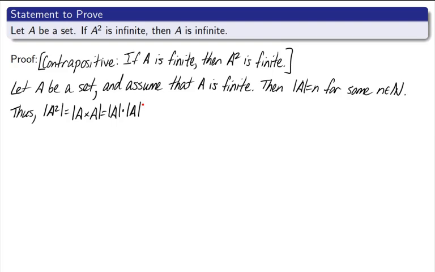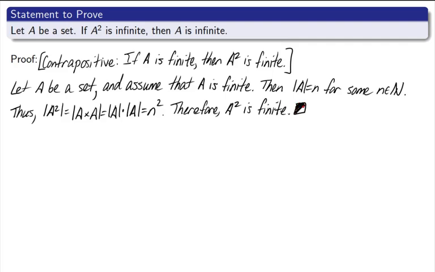We've basically got it at this point. The cardinality of A was n, and then the cardinality of A again is n, so we get n squared. We have that the cardinality of A squared is equal to n squared. That makes it finite. Therefore, A squared is finite. And this finishes the proof.